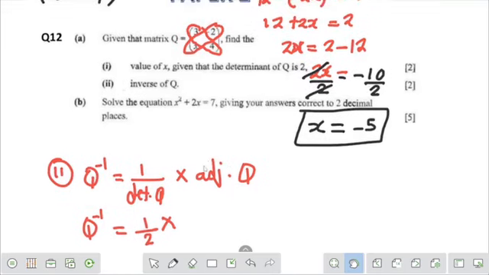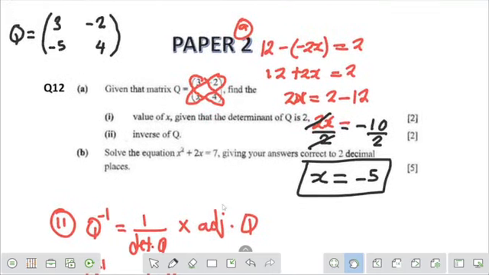So to find the adjoint of matrix Q, this is our matrix that you have. In terms of finding the adjoint, we just say adjoint of Q equal to. So what normally happens is that these major diagonal elements are just going to swap.